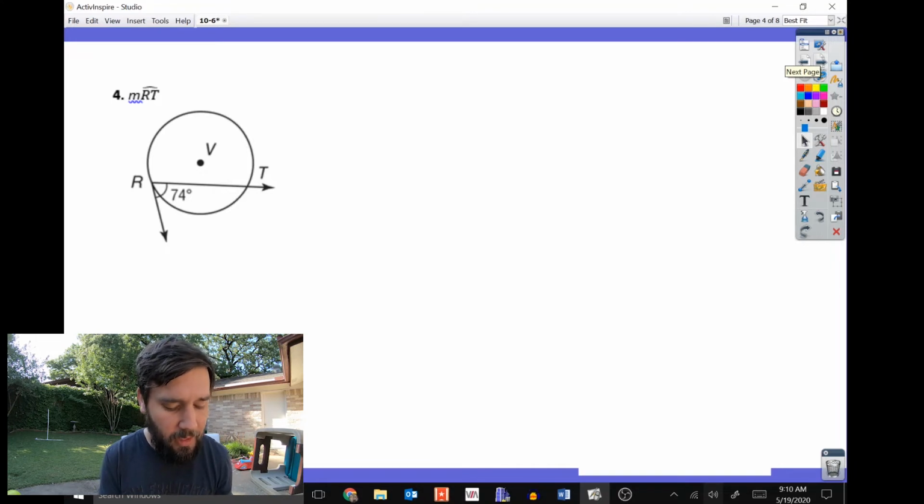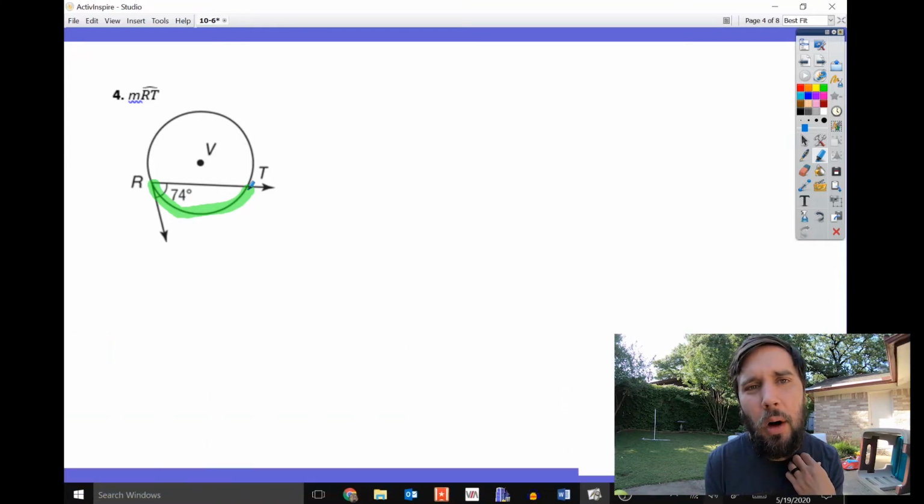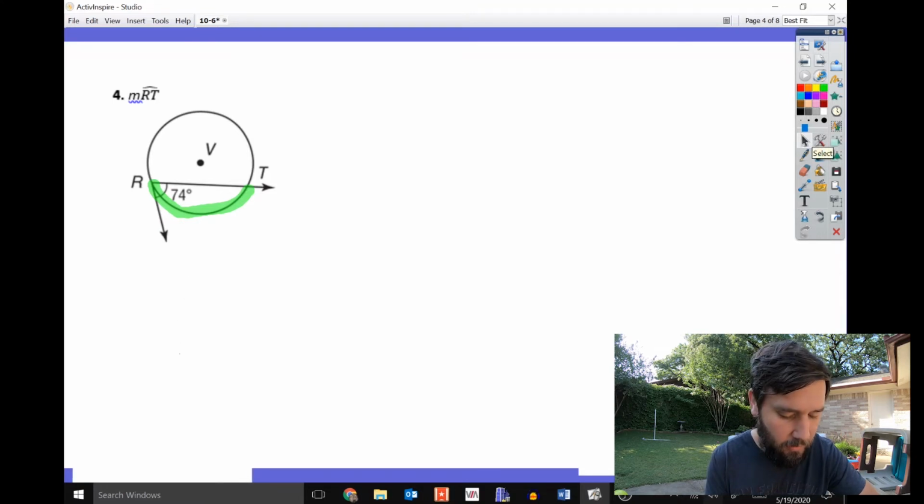So here's another example where we have to find arc RT. And you notice what's given to us is the angle on the circle. If that's the case, then that arc should be twice as big as that angle, because the angle should be half the size of the arc.